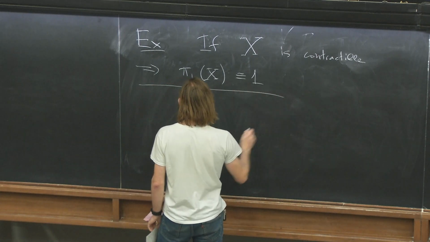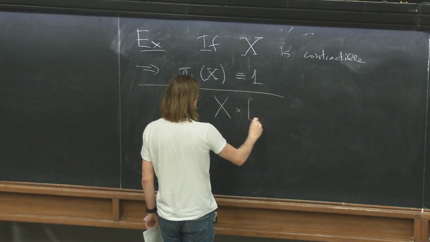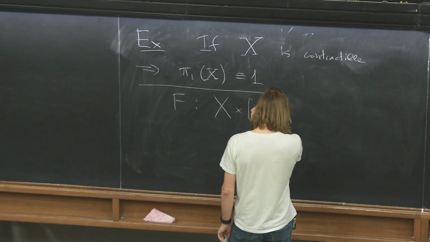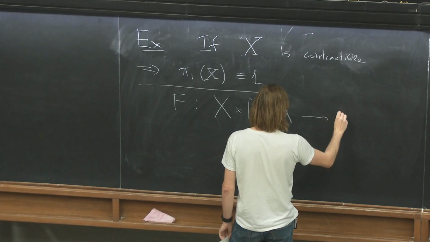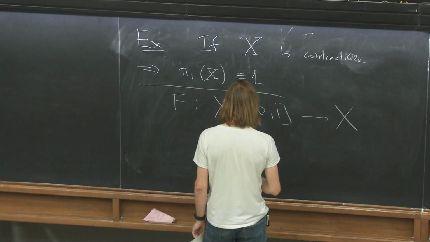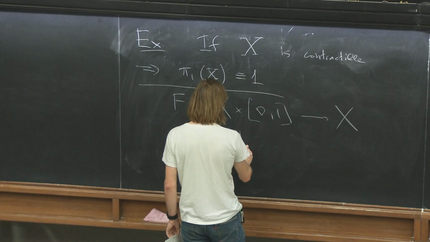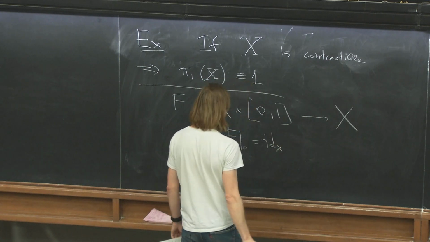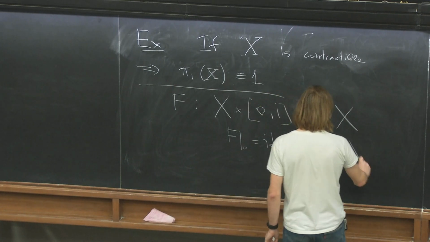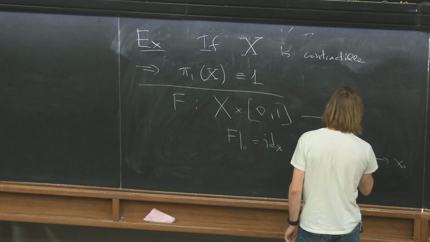So how can one show this? If the space is contractible, this means there is a homotopy F, which is a homotopy between the identity on X and a map which sends the whole space to a point.